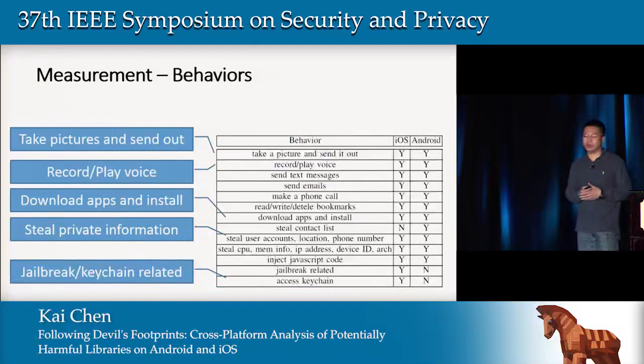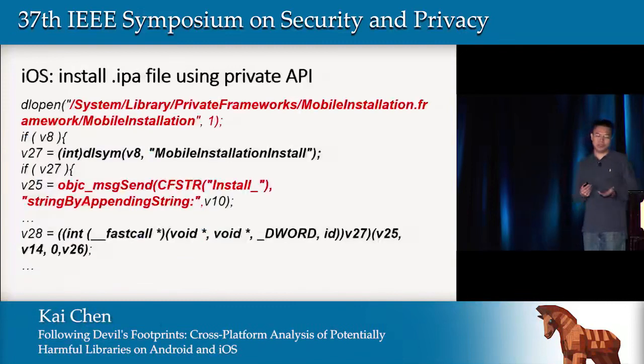So we want to look into the code to find what kind of behavior these potentially harmful apps have. First, they take pictures and send them out, or record and play voice, or download apps and install, or steal private information such as the user's account, location, and some code related to jailbreak or keychain. Here's an example on the iOS side. It installs one IPA file.